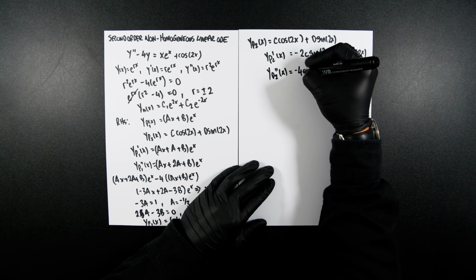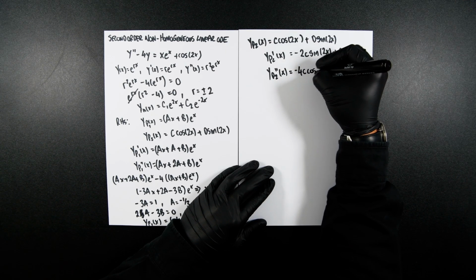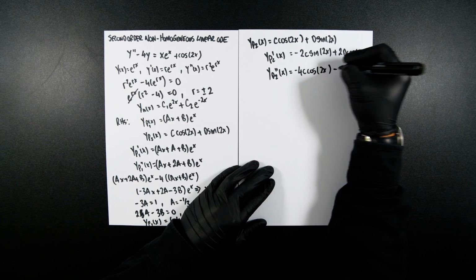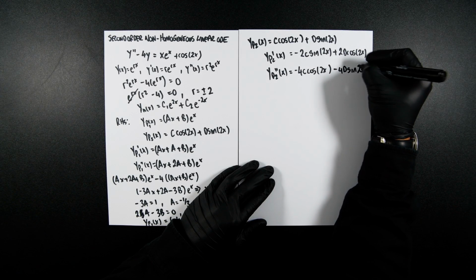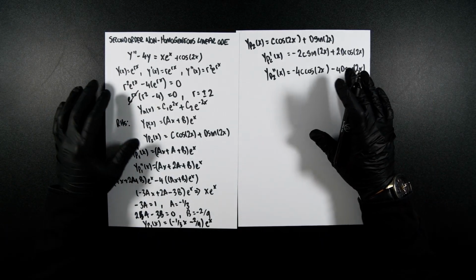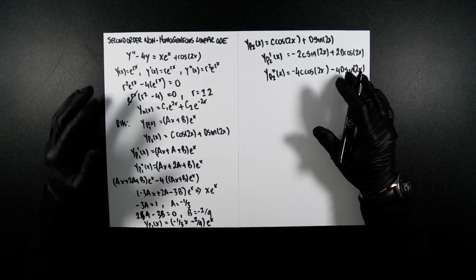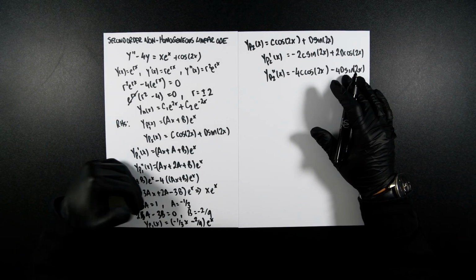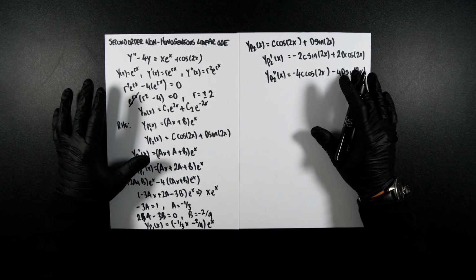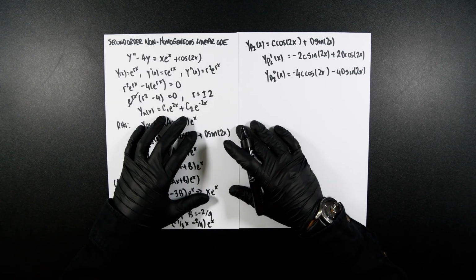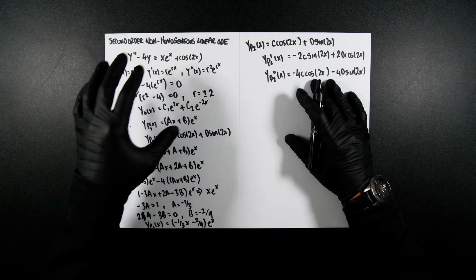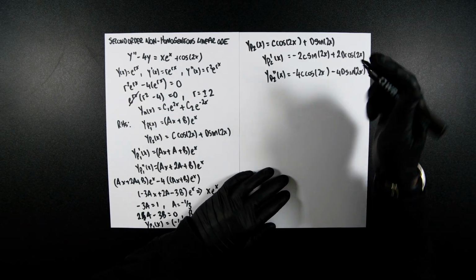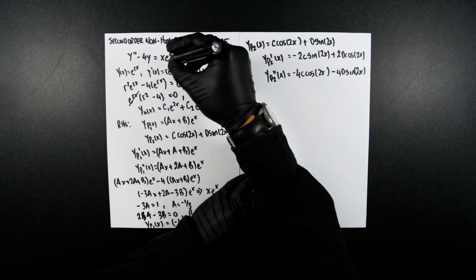So you get minus 4c cos 2x minus 4d sine 2x. Everything to do with partial differentiation and with equating coefficients, I have specific videos on them on my channel, so you can go and watch them, but I'm not going to unpack them fully here. We're focusing on solving the linear ODE. Let's now sub these into this equation.